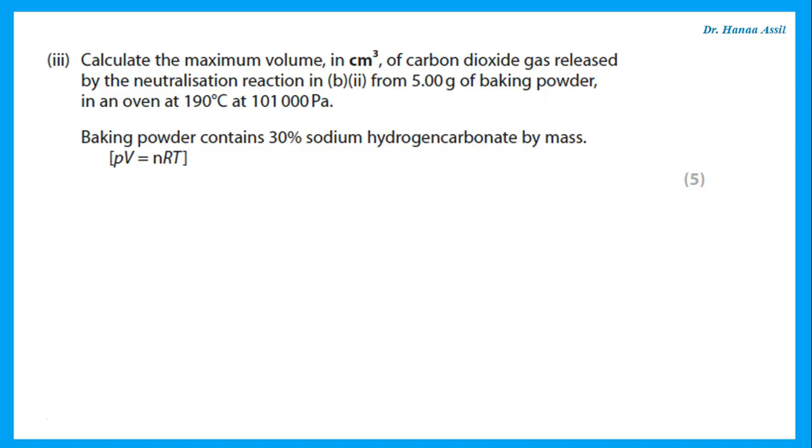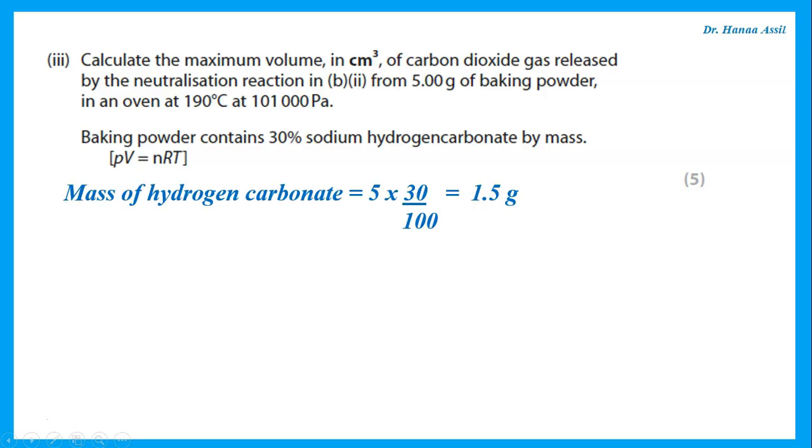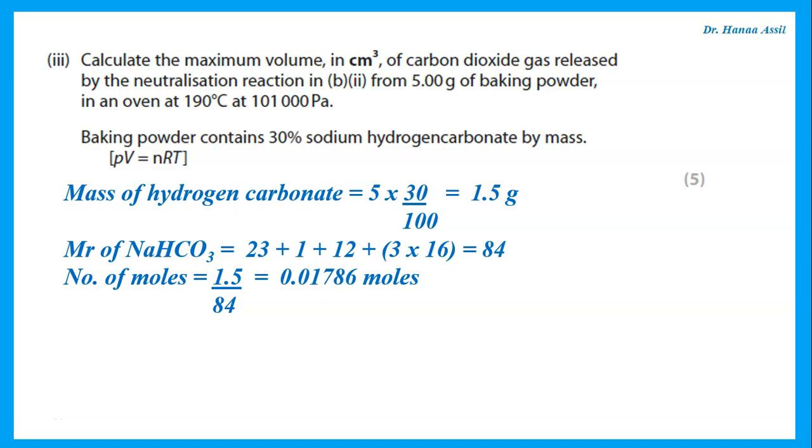That means we need to get the number of moles of the sodium hydrogen carbonate, which is 30% of the 5 grams. Then we can get the Mr of sodium hydrogen carbonate, that comes out to 84. Using that, we get the number of moles. Number of moles is mass over the molecular mass.